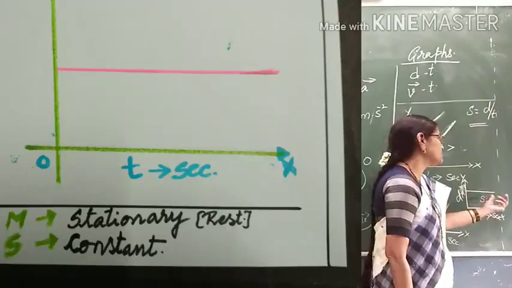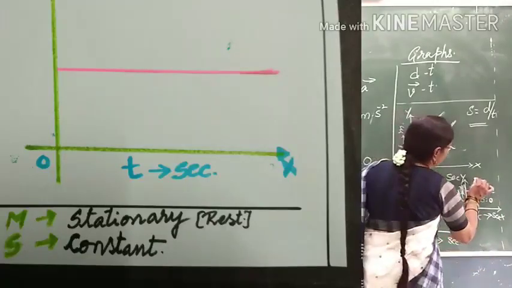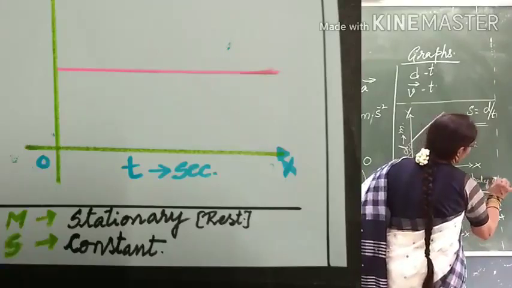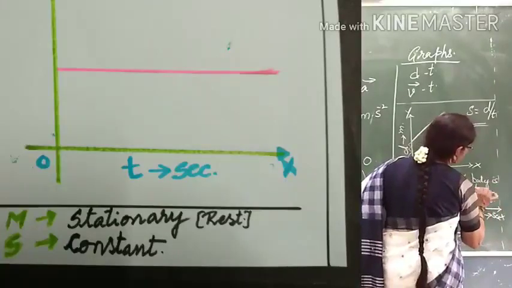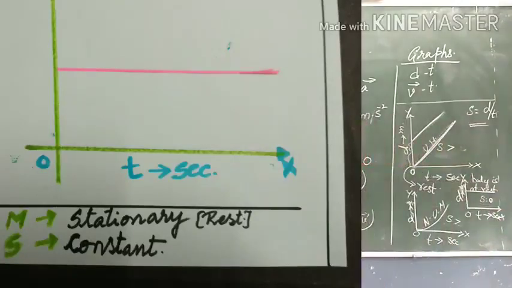So speed is 0. What is the condition of the body? The body is at rest. When the body is at rest, the graph will be parallel to the x-axis.